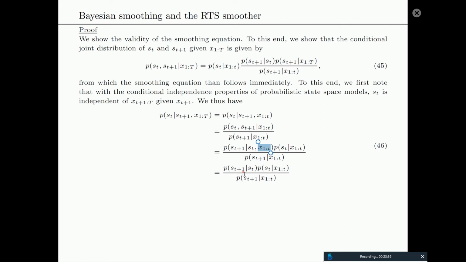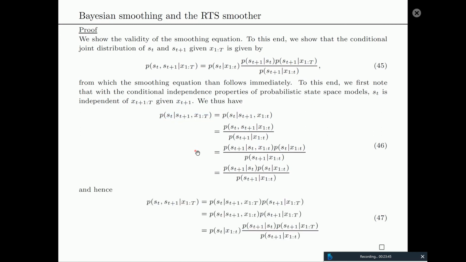This is the definition of the probabilistic state space model, and hence we have this conditional distribution. And then if we look at the joint distribution, we need of course the marginal. So we have p of s_{t+1} given x_1 to t, that's this thing here, and this conditional which we just derived. So we get to this.